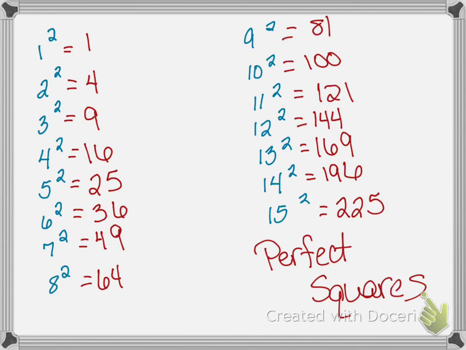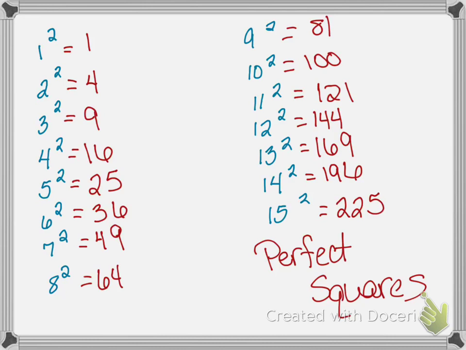In red, you are looking at perfect squares. 16 is a perfect square, and the square root of 16 is 4. 64 is a perfect square, and the square root of 64 is 8.